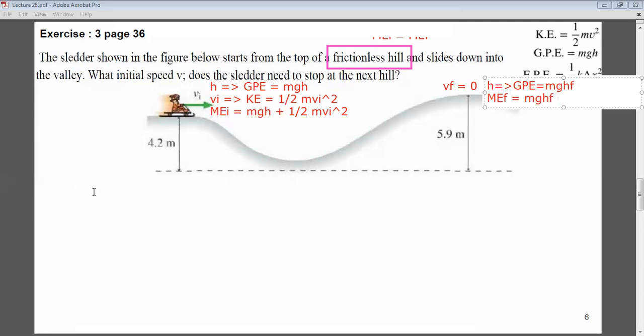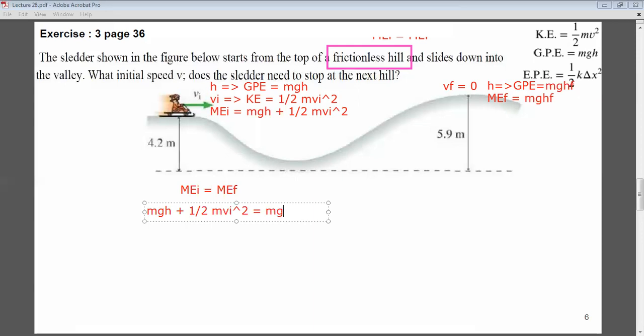Now, in order to get the V, we will use that mechanical energy is conserved. So mechanical energy initial is equal to mechanical energy final. Mechanical energy initial is mgh plus half m V initial square, and this is equal to mgh final. We also divide by the m, and I get 10 times 4.2 plus half V initial square is equal to 10 times 5.9, which is the final height.